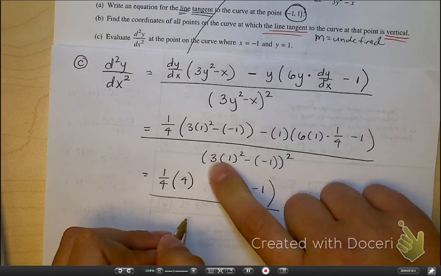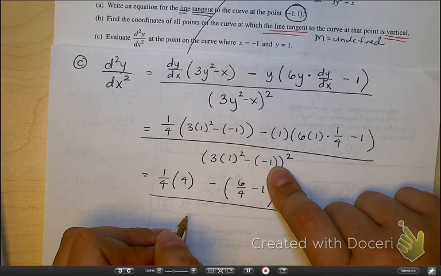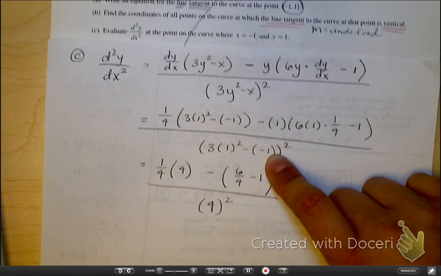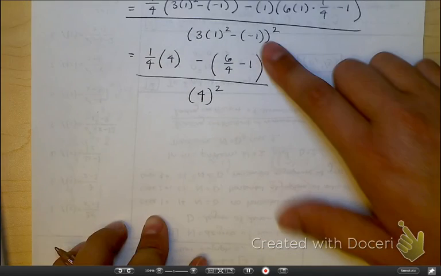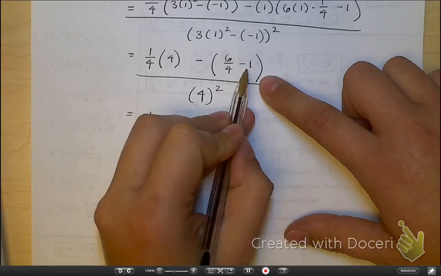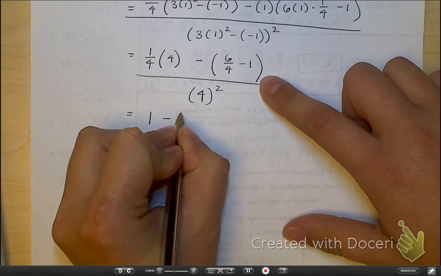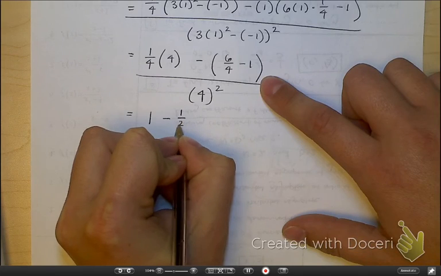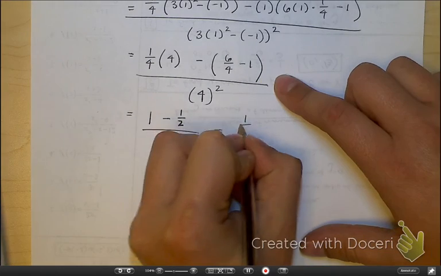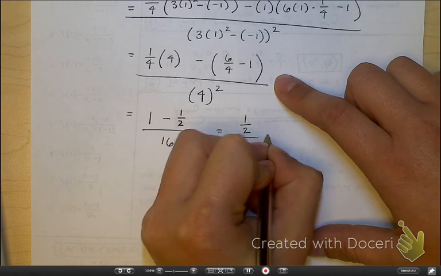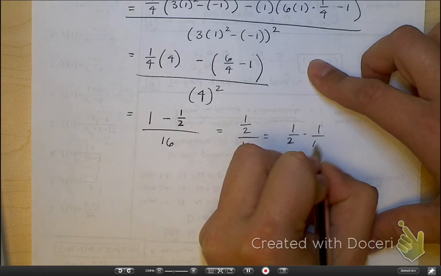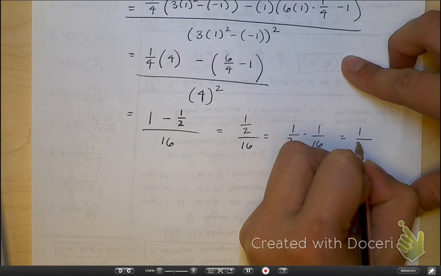All over on the bottom I have 3 minus -1, that's 3 plus 1, that's 4 quantity squared. So 1/4 of 4 is 1, minus 6/4 minus 1 is 2/4, or 1/2, all over 16. 1 minus 1/2 is 1/2 over 16. And if you multiply by the reciprocal, you get 1/2 times 1 over 16, which is 1 over 32.